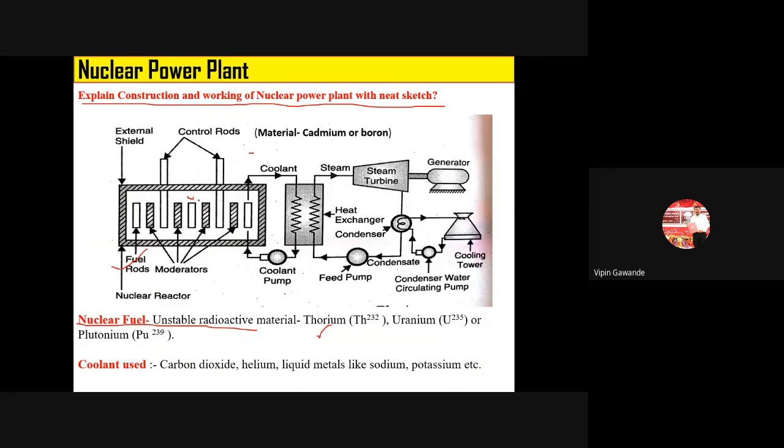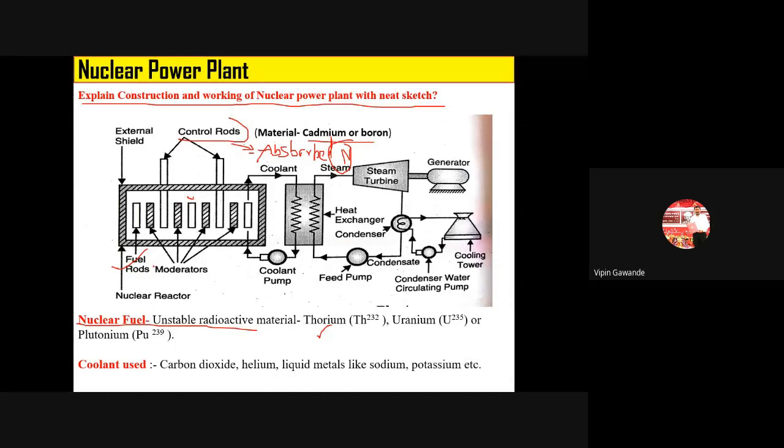Now we have to control that energy. For controlling that energy, we have two things. One is control rods, which are made up of cadmium and boron. The function of the control rod is that they absorb these neutrons, and control the amount of energy generated inside the nuclear reactor.